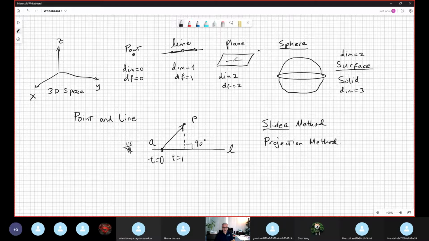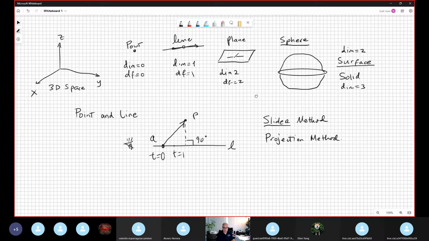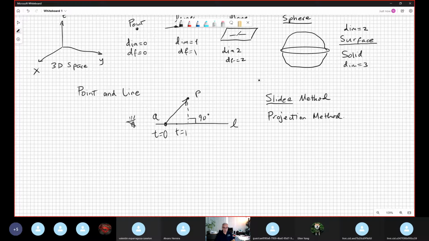Okay, so we can move, but move until you get this condition, which is that the vector AP dot product with the direction vector of the line, this vector, vector direction, not necessarily univector, is one vector that indicates direction of the line, is equal to 0.